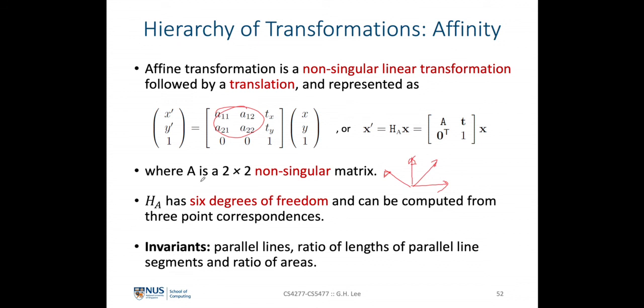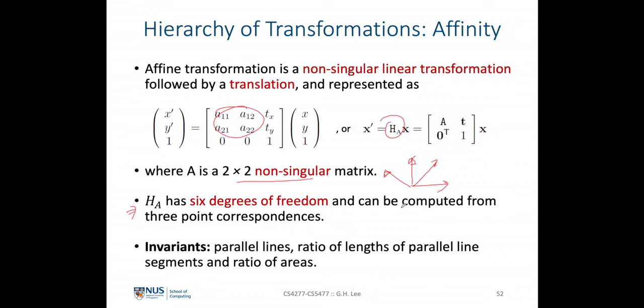where this A matrix over here, the 4 numbers have to form a 2x2 non-singular matrix, because at the end of the day, H over here has to be invertible, and altogether HA over here would have 6 degrees of freedom and can be computed from 3 point correspondences.